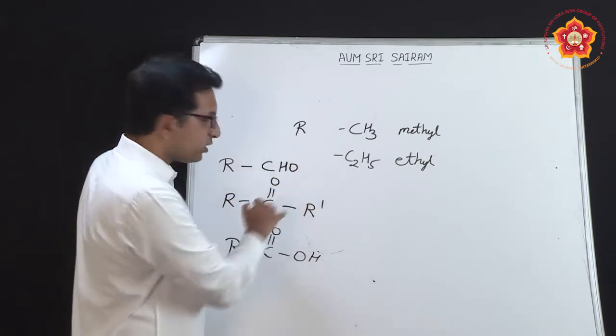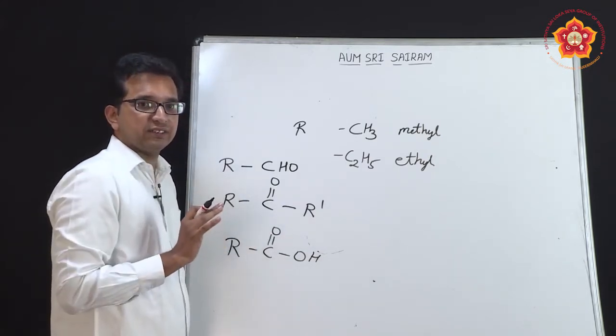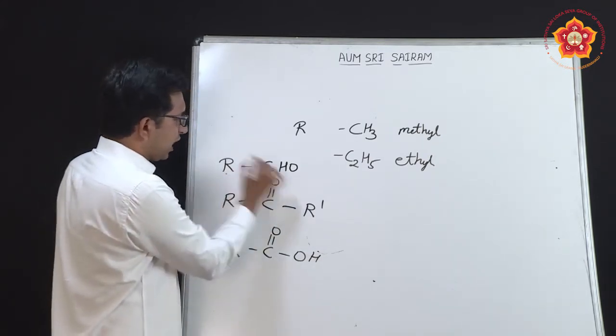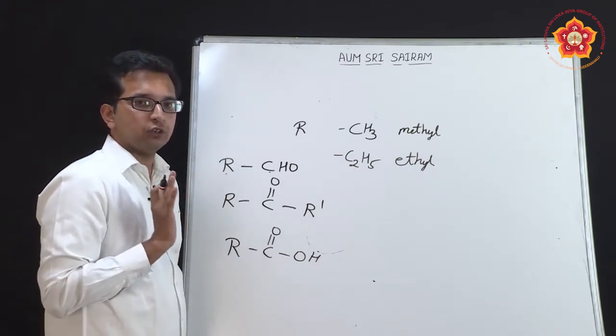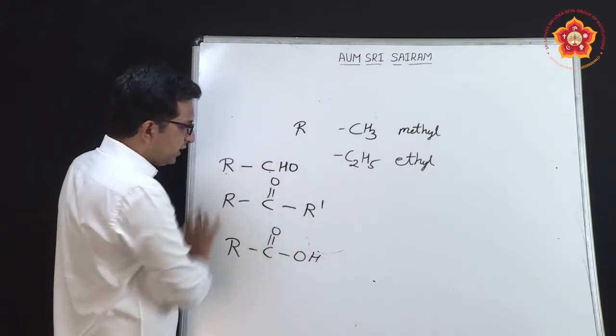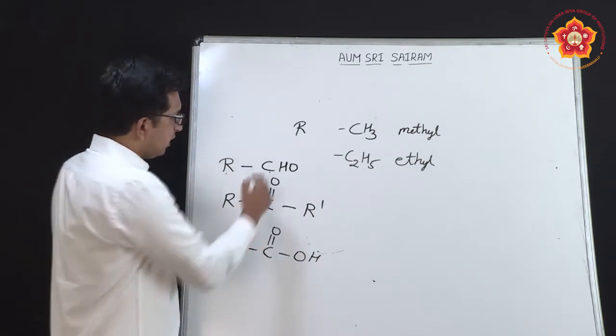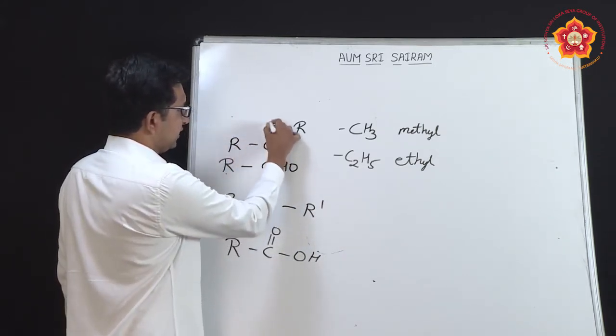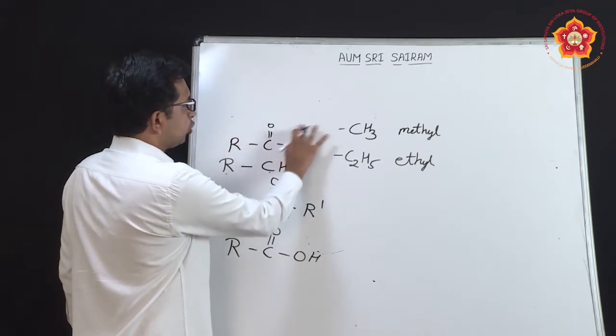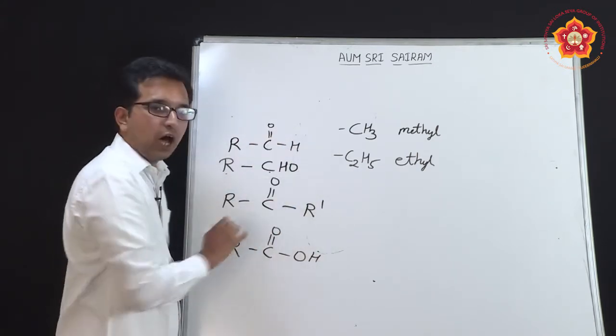Now, another important thing that we have to see in these cases is that the number of carbon atoms will determine the naming of these types of compounds. An important criterion that we see here is this CO group which is there. If I write the aldehyde in this way, this CO group is called the carbonyl group.